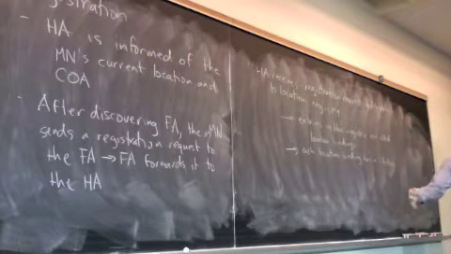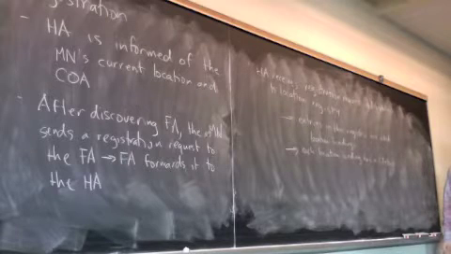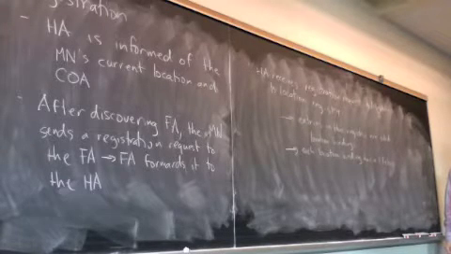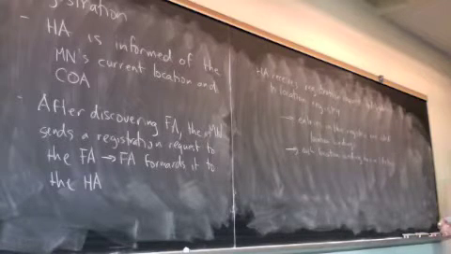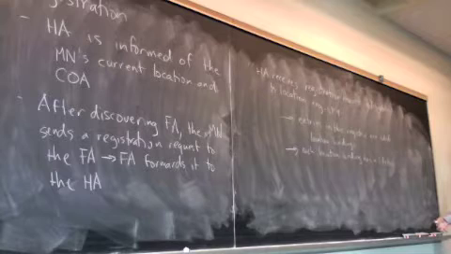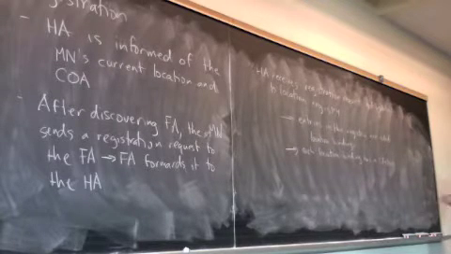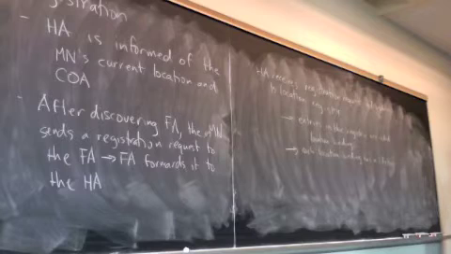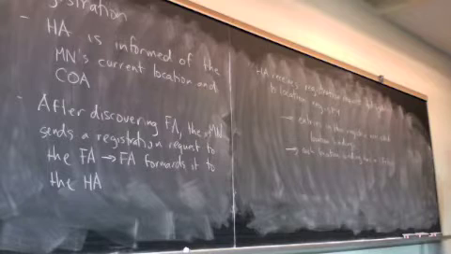If the lifetime expires before it's been refreshed or before a new entry has been found, then that location is deleted. That basically is there so that if you turn your device off, after a certain amount of time, the home agent knows to stop forwarding packets, because there's no point in doing that anymore.